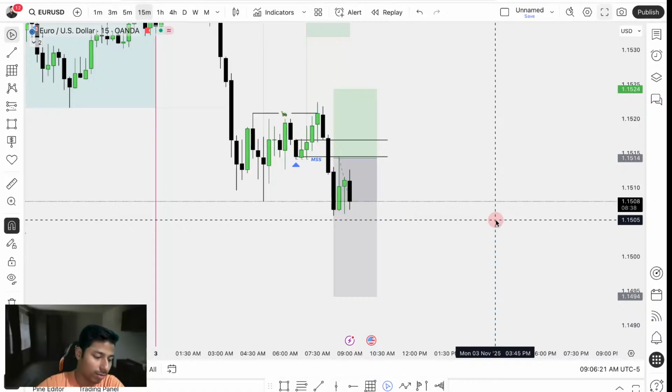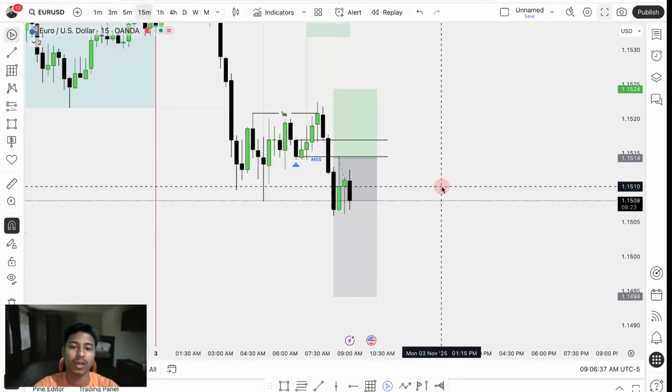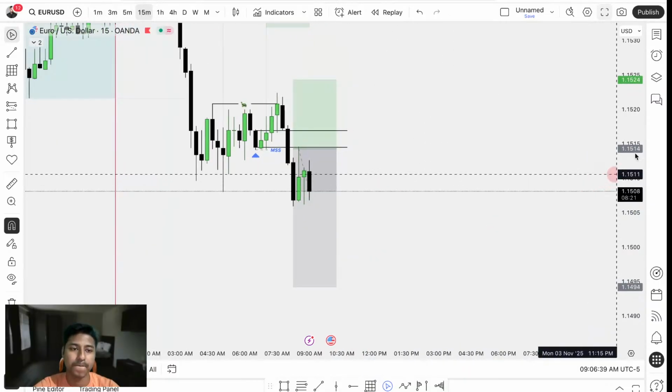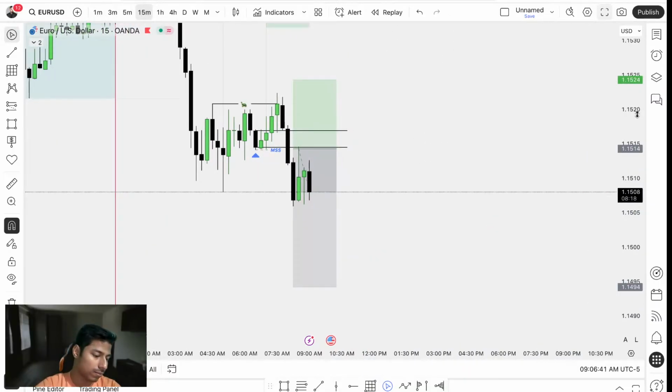Are you familiar with ICT concepts, SMC concepts, or just use support resistance or something like that? Like support resistance.